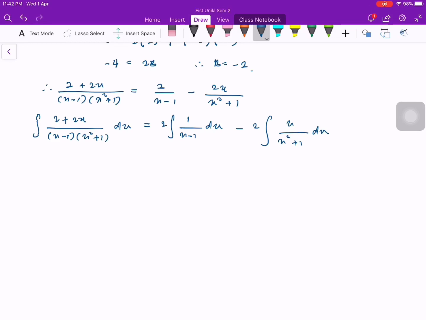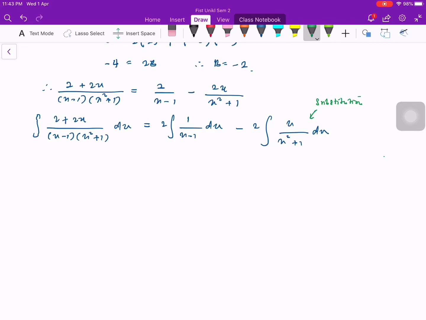Okay, so for 1 over x minus 1, we're going to have ln absolute x minus 1. But for x over x squared plus 1, for this types of function x over x squared plus 1, we need to use substitution. Okay, substitutions, kalau you masih ingat, integrations by substitution in order to solve.